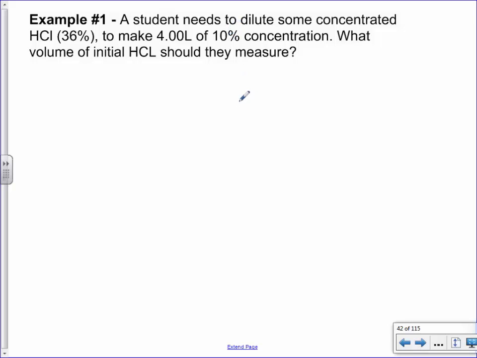So here's how this formula would work. It's V1C1 equals V2C2. We actually have 3 numbers to plug into this formula. These numbers right here are for the concentrated stuff, and these numbers right here are for the diluted standard stuff afterwards. So I know volume 2. When I'm done, I want to have 4 liters.